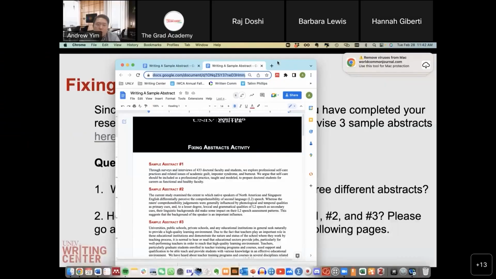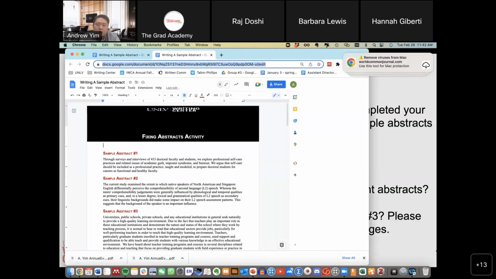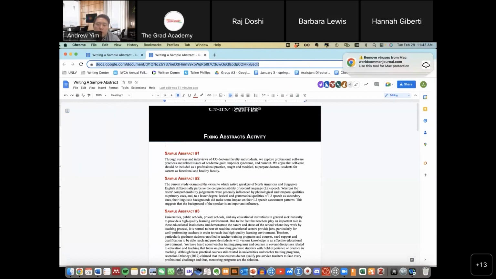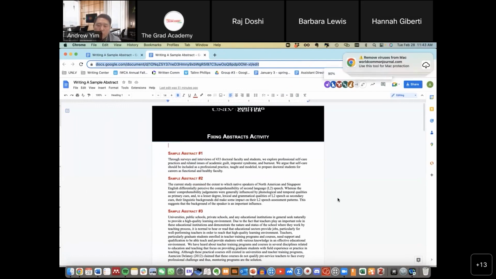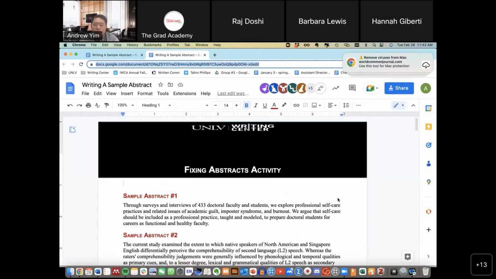As you can see here, we've prepared a handout that focuses on the fixing abstracts activity. As you make your way into the document, you're going to see three abstracts below that have one or more of the elements of the overall IMRAD model, but they're not very complete.